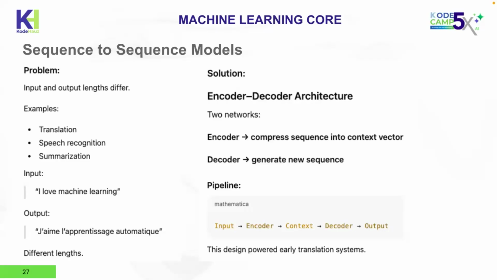But when you are doing a sequence to sequence model, what you are passing in is a sequence and the output is another sequence. A good example is training a language translator.